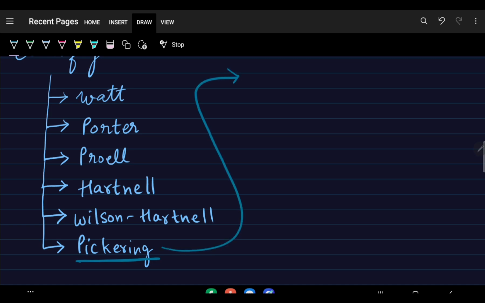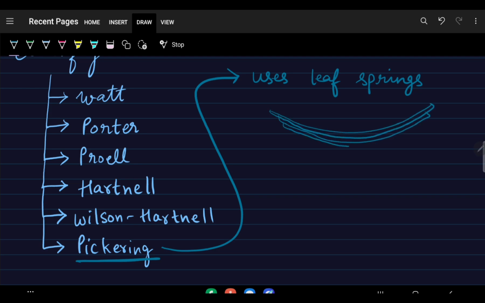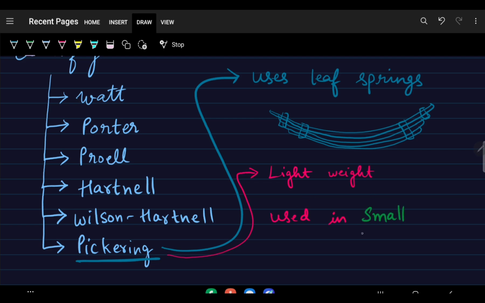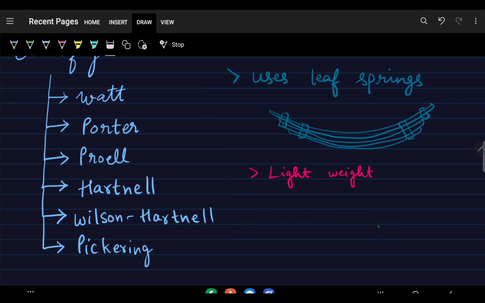This is just a basic diagram of a leaf spring, like how a leaf spring tends to look. Leaf springs are basically something that you see in trucks or vans. It stabilizes the axles in trucks or vans. It is also lightweight, and it is used in small engines.